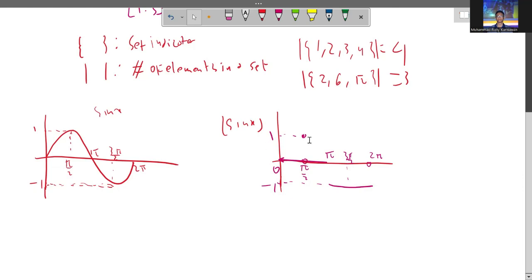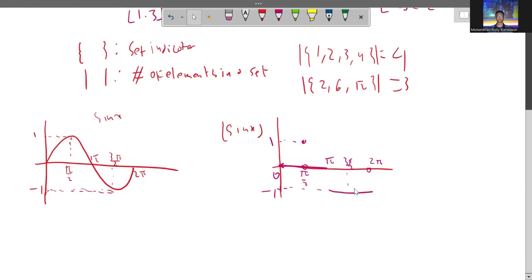But notice that there's only one point here, because the value of sine of x is 1 at exactly 1 point, which is x equals pi over 2. And of course there are other values because it's periodic, but we're only considering the values from 0 to 2 pi here.